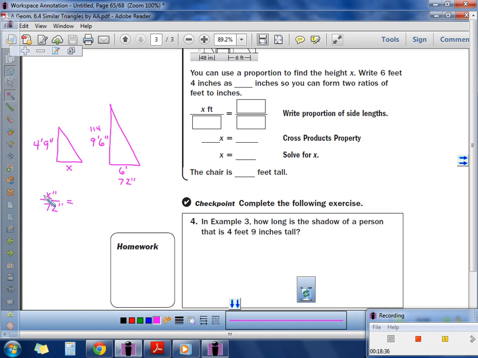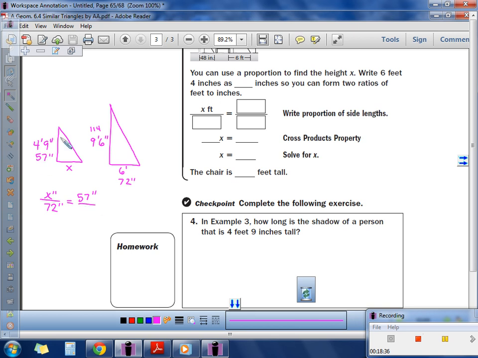And now, what else do I know on that first shape? Oh, I know 4 foot 9 inches. Well, how long is 4 foot 9 inches? 57 inches. So make sure to write that down. If you haven't done that conversion, could be why you had a little mistake. So we have 57 inches. How did we get 57? We did 4 times 12 plus 9.